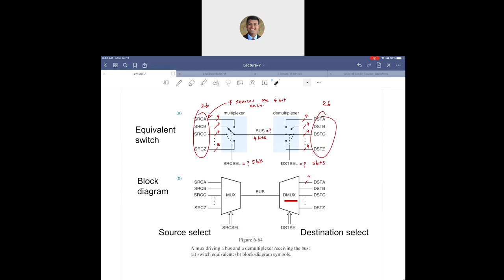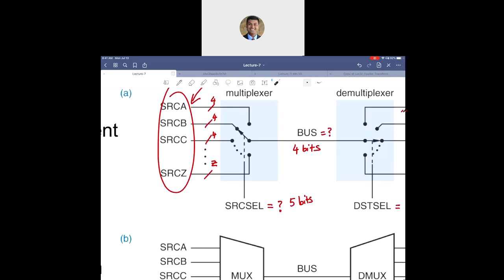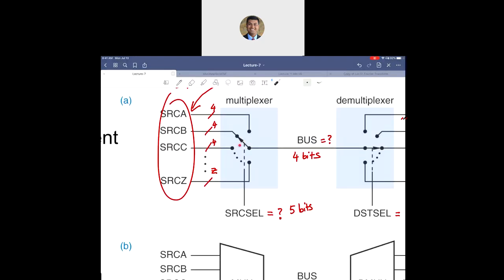Let's see. You guys are talking about 4 individual switches. So for each, right? If this is 4 bits, and if you want to go down and represent each of them as a switch, like a commutator like this, then you would have one switch here, one switch here, one switch here.